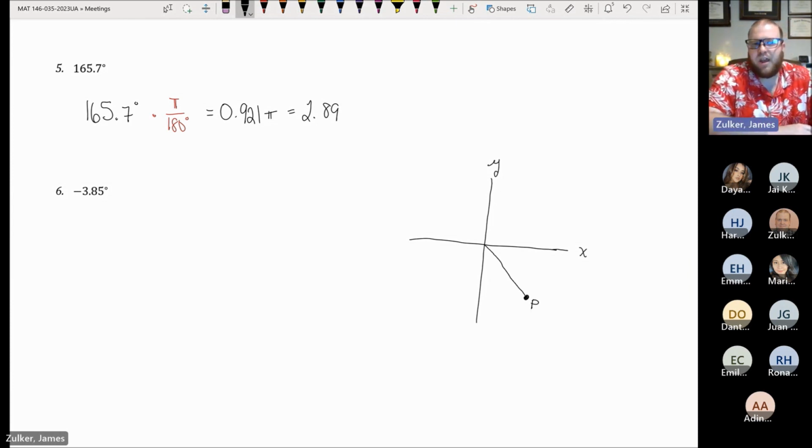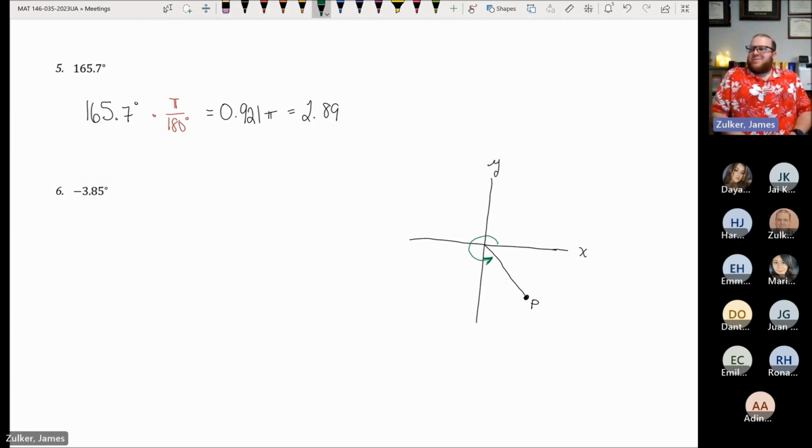Let's say there's our ray. A positive angle would be measured in the positive direction from the positive x-axis.